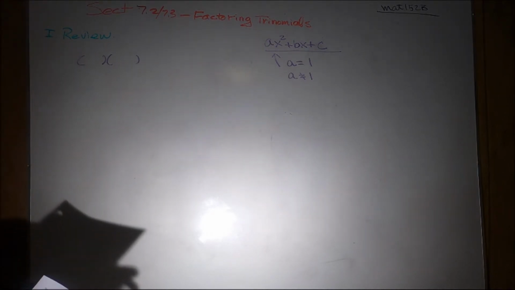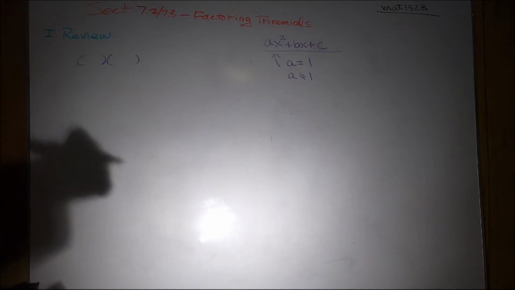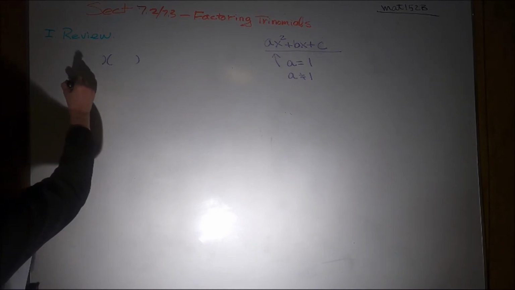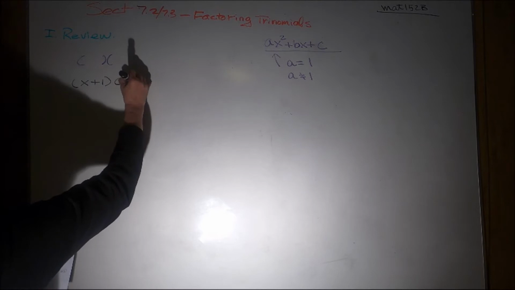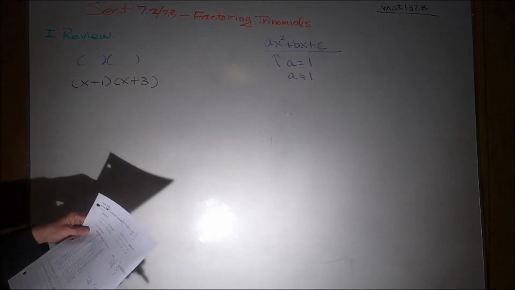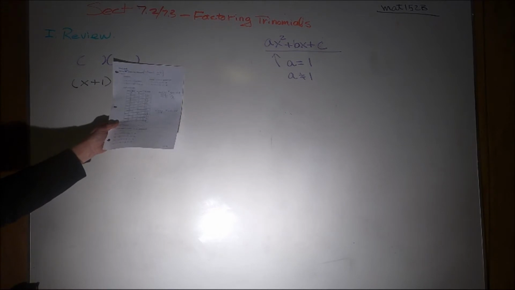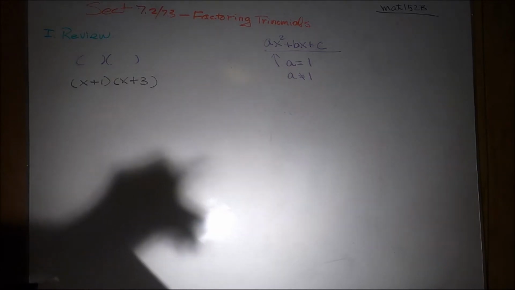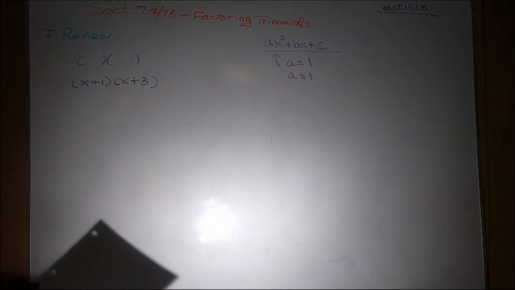Okay, let's go back to your previous course, Math 152A. We learned this one, x plus 1 times x plus 3, right? How many terms do we have here? 2. And here? 2. 2 terms times 2 terms, we use the method called what?